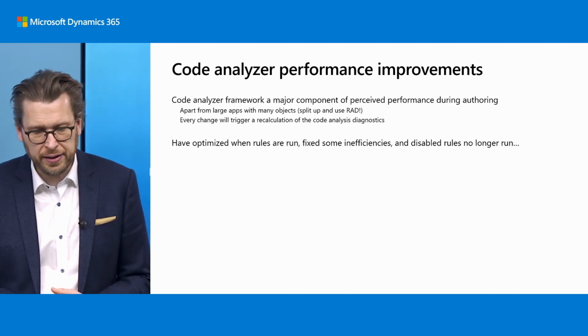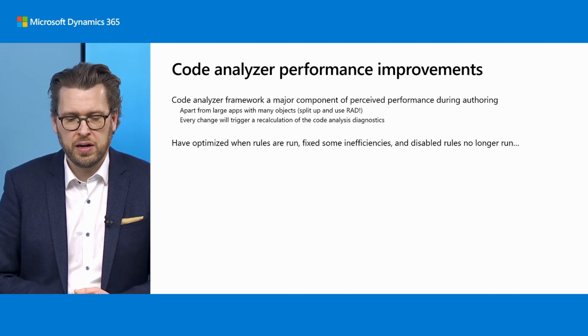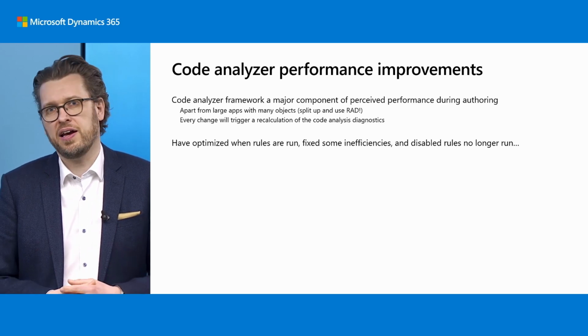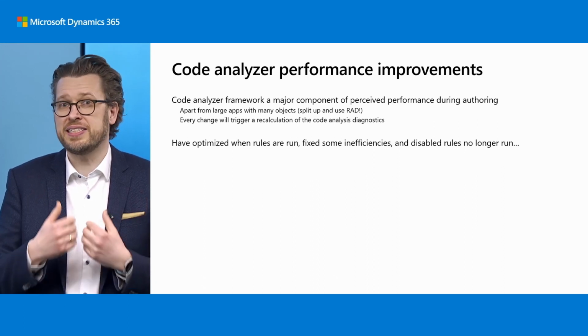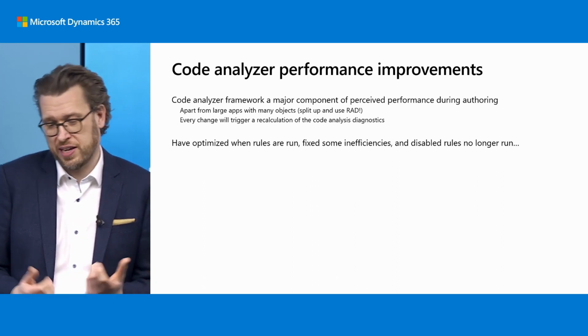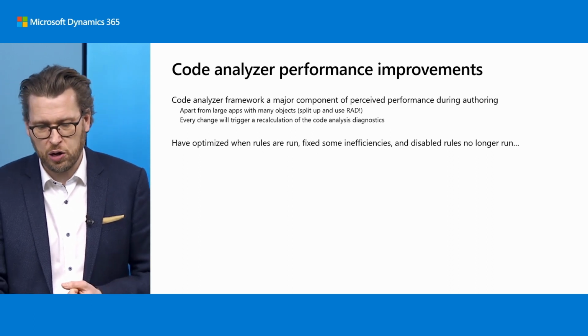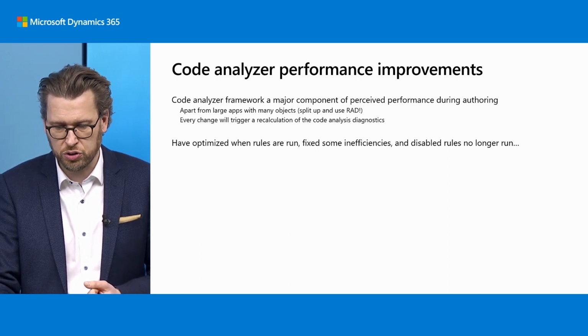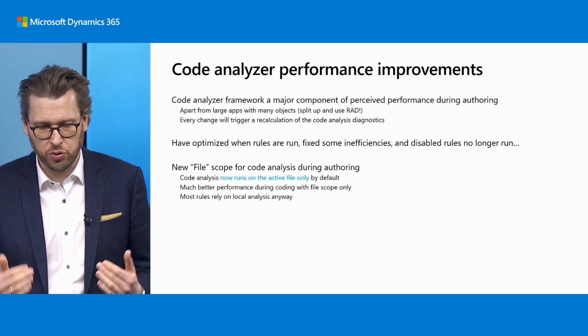Now, in this release, we have optimized when the rules are run. We have fixed some inefficiencies, and not least, we have made sure that disabled rules no longer run, because actually they could do before and just have their output not shown. So that's all performance improvements that we've done under the hood.